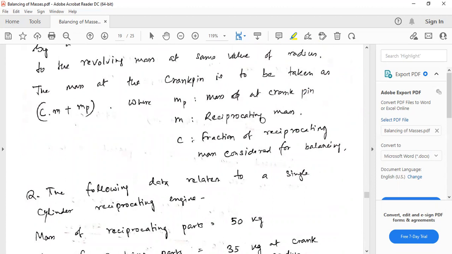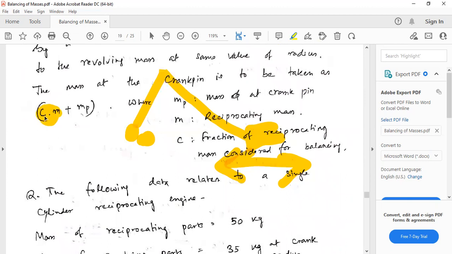Okay, so this is the crank pin. Here we have a mass plus the reciprocating mass that we have. Only a fraction of the reciprocating mass is balanced. So we take the fraction C multiplied by the reciprocating mass, and added to that is the mass at the crank pin.